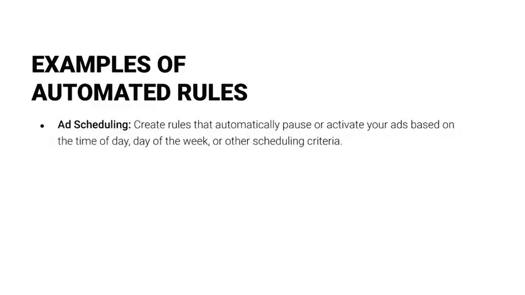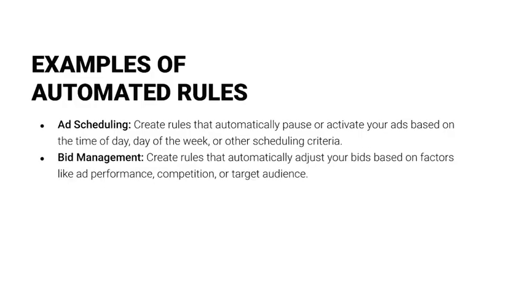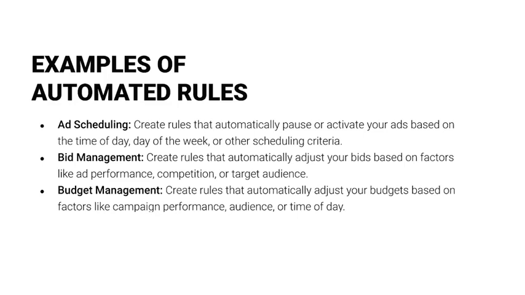So let's give you a couple of examples of automated rules. Ad scheduling. Create rules that automatically pause or activate your ads based on the time of day, day of week, or other scheduling criteria. Bid management. Create rules that automatically adjust your bids based on factors like ad performance, competition, or target audience. Budget management.